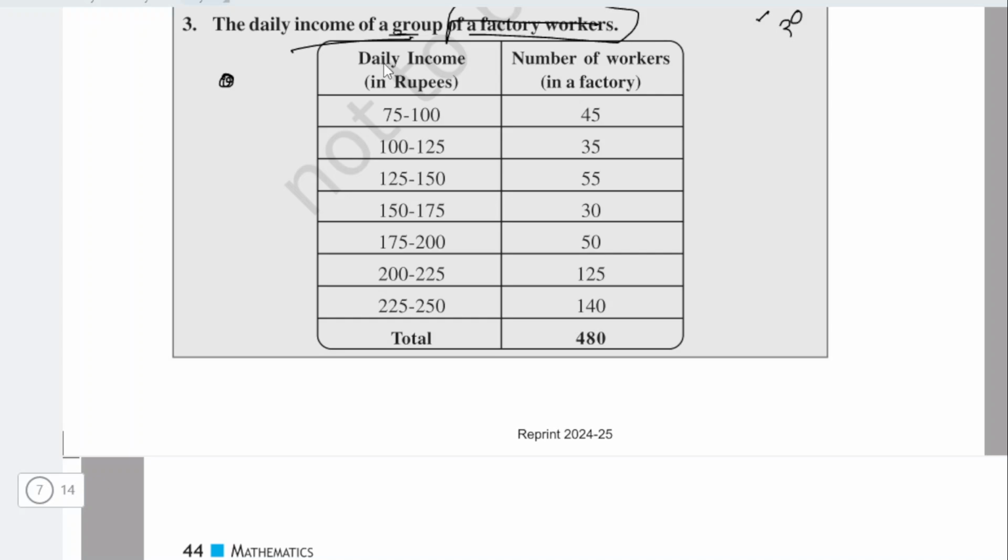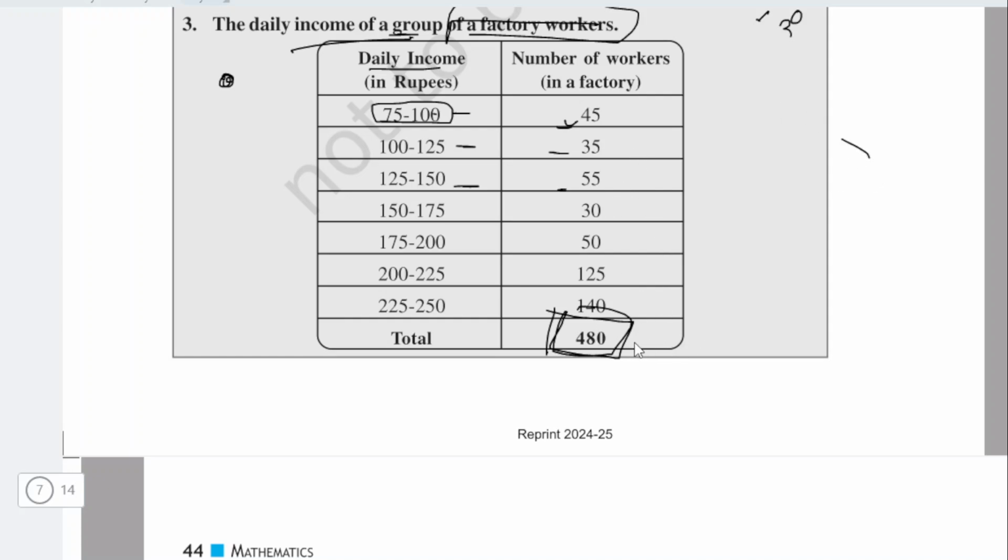Okay, so daily income 75 to... there are 45 workers having income in this range, 35 workers having income in this range, 55 workers having income in this range. So the total number of workers here is fixed. So better we should represent this in the form of a pie chart.